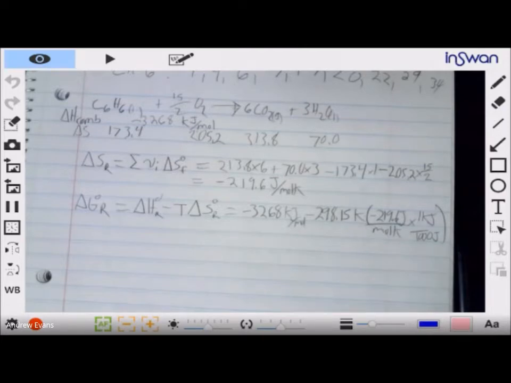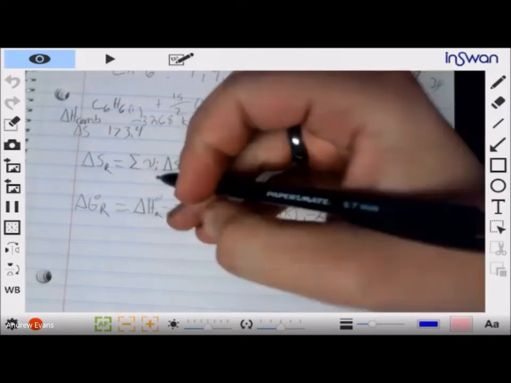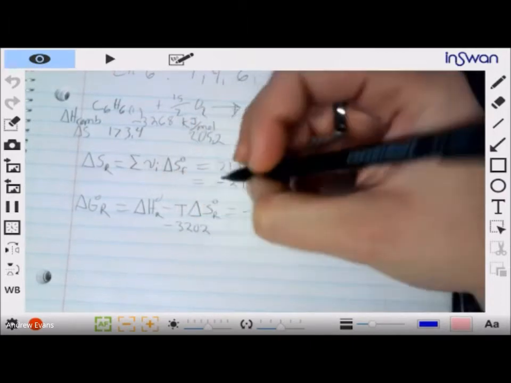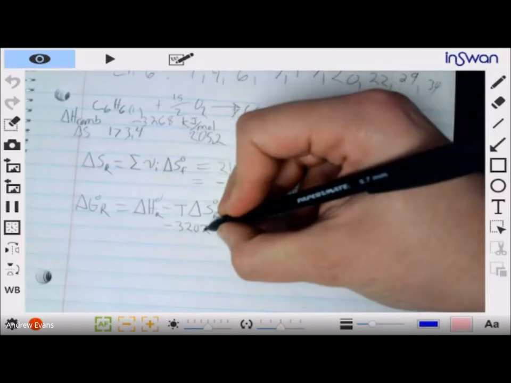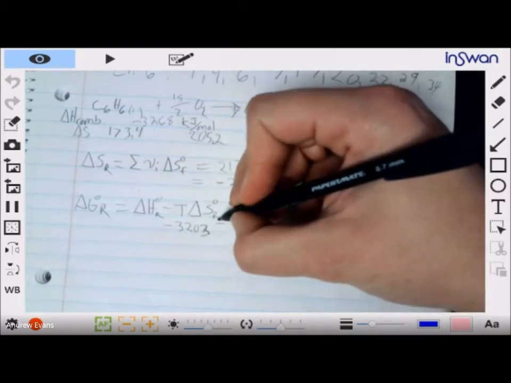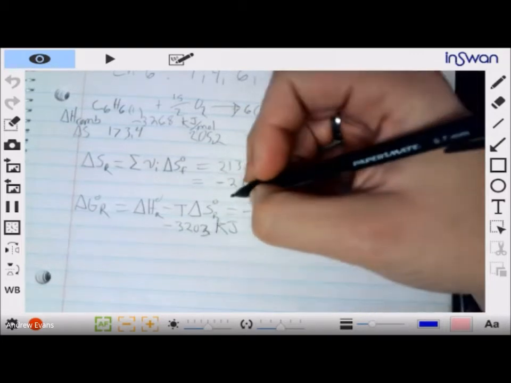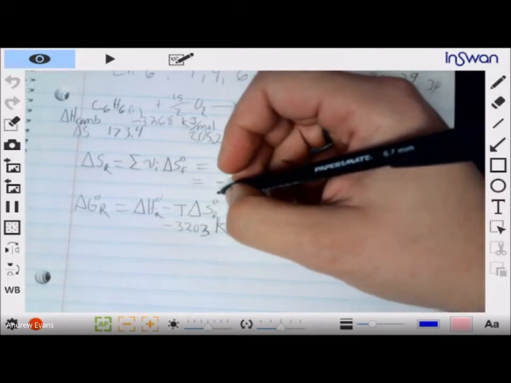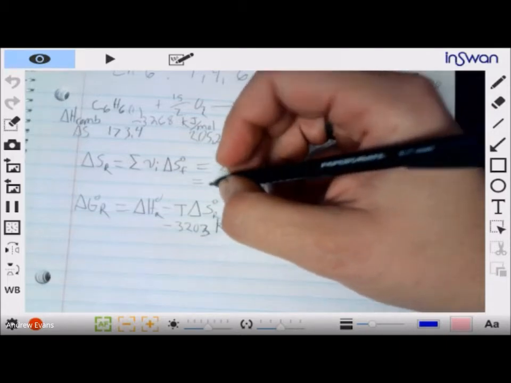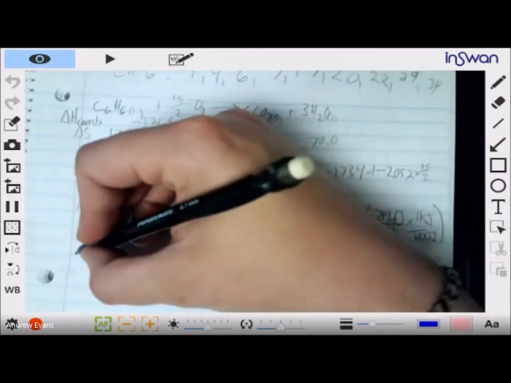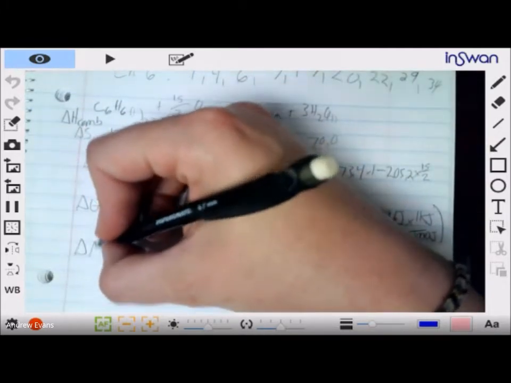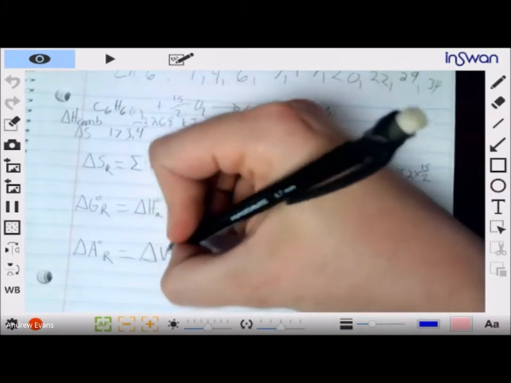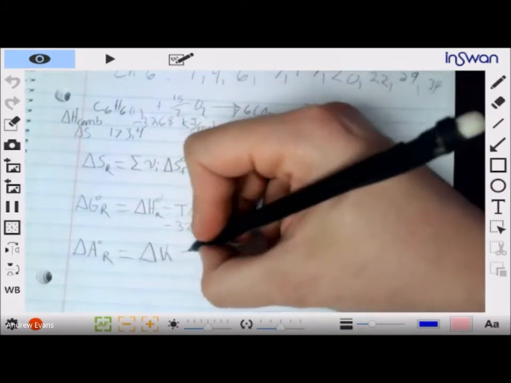We'd have our Gibbs free energy for this reaction as negative 3202. We'll round it to negative 3203 kilojoules.